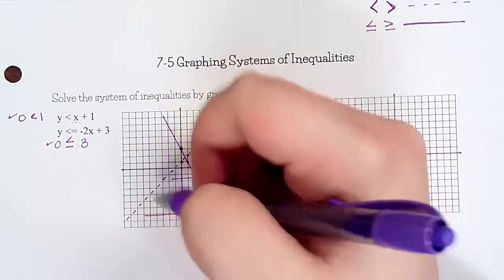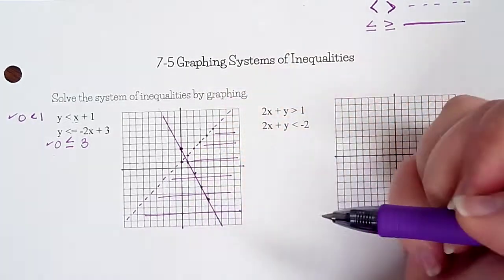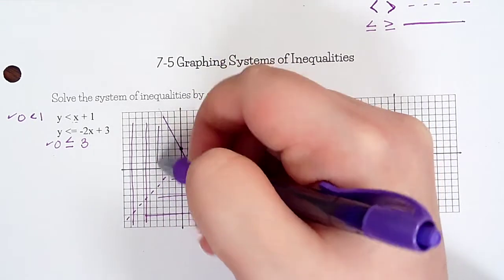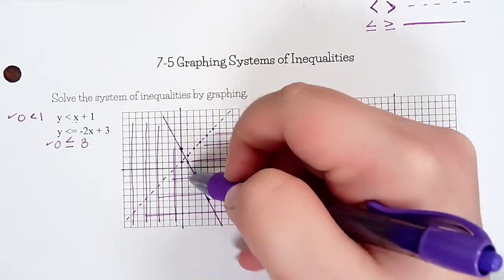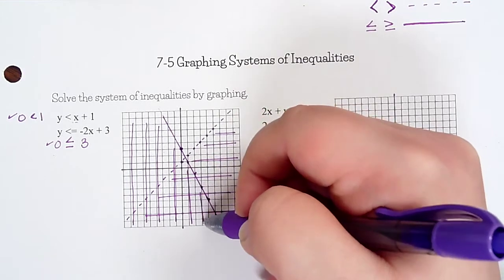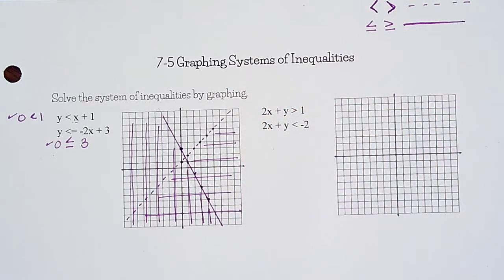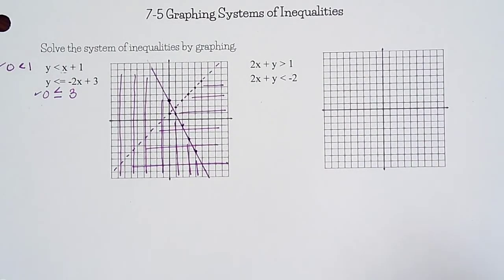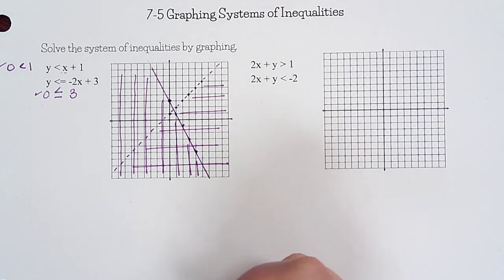Now, right now, I'm ignoring this other line and this other shading I did, and this one, notice I'm just going to do up and down marks for this line. Now, why did I do this? Because ultimately, the answer for this problem is where the two sections overlap. It's where they come together.